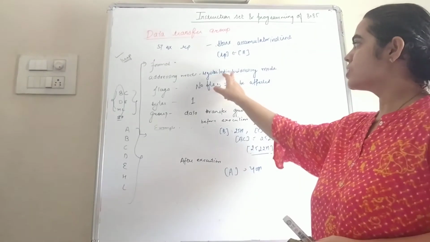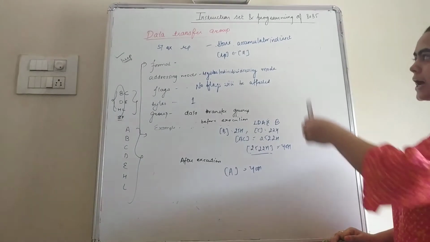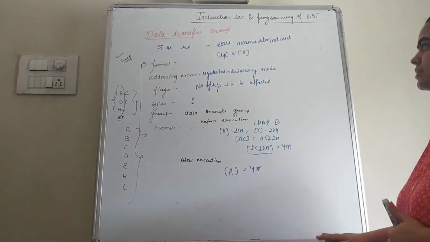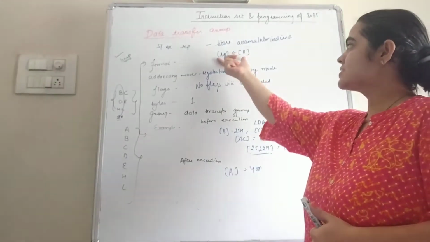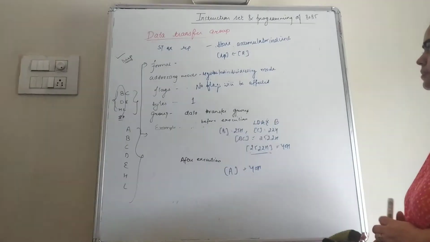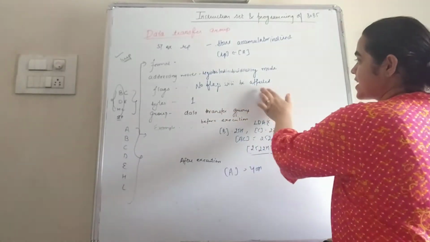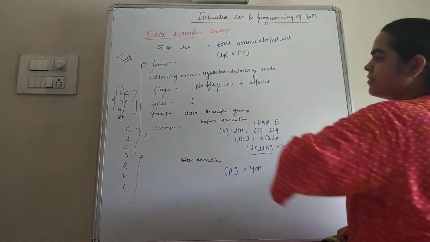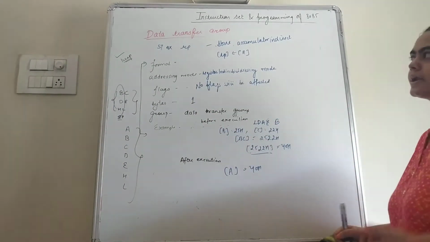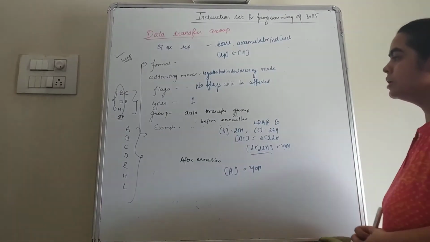The addressing mode is again register indirect because the address is not directly specified in the instruction. The address is in one of the register pairs. Flags: no flags will be affected. Bytes: 1 byte will be occupied because neither data nor address is specified in the instruction.